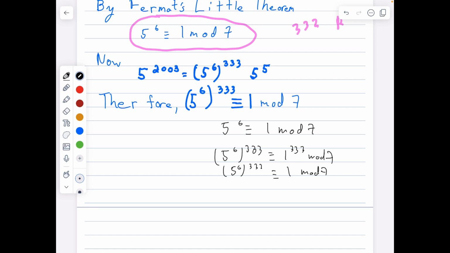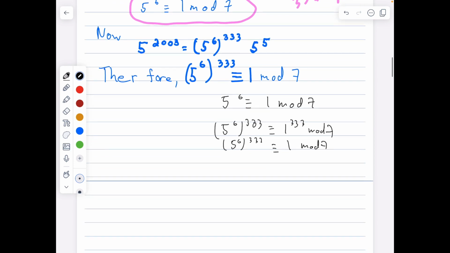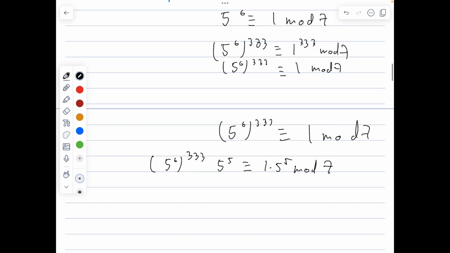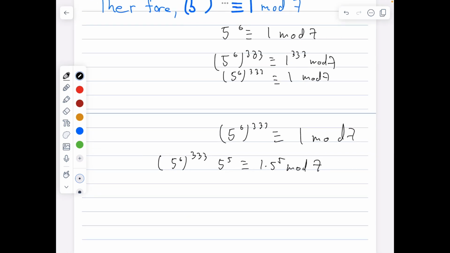Okay, so we have that, and here's what I'm going to say next. If 5 to the 6 to the 333 is congruent to 1 mod 7, then if I take 5 to the 5th and multiply that here, it's congruent to 1 times 5 to the 5th mod 7. Okay, that is a rule that we have.